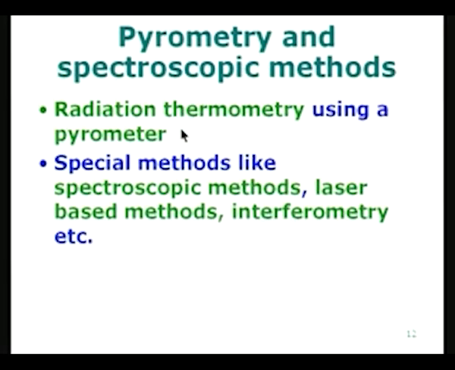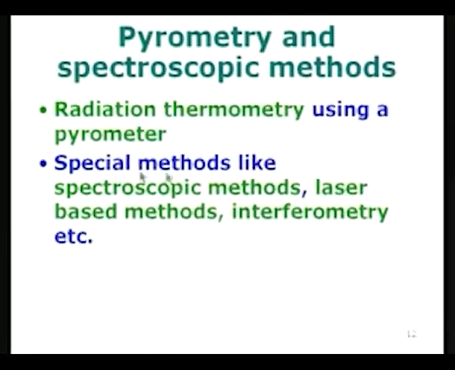The other advantage of radiation thermometry is that there is no probe, and therefore there is no contact between whatever we are measuring and the system whose temperature we want to measure. That is an advantage in this particular case. There are also special methods like spectroscopic methods, laser based methods based on fluorescence, for example, interferometry and so on.